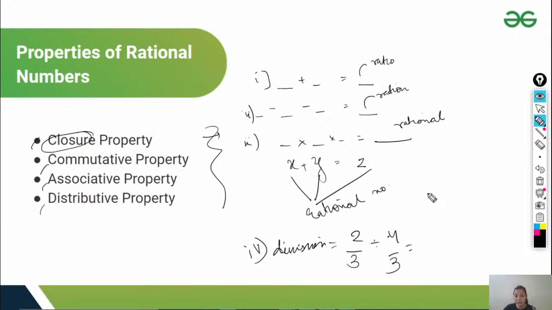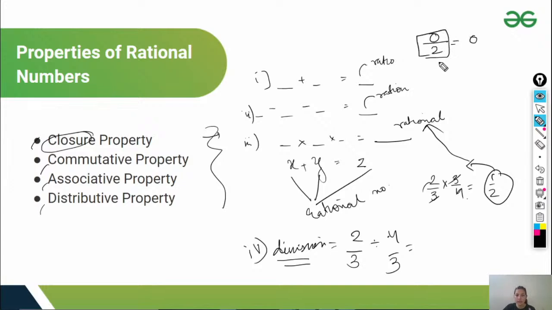In division, we studied how to divide fractions, so I am not going to explain that. If you want to understand this, then just go and visit my previous session. So yes, 1/2 is the answer and 1/2 is again a rational number. So division also follows the same property, but there are some constraints. For example, if I am thinking about 0, 0/2 is 0 and this is a rational number, as we understood in the previous slide.